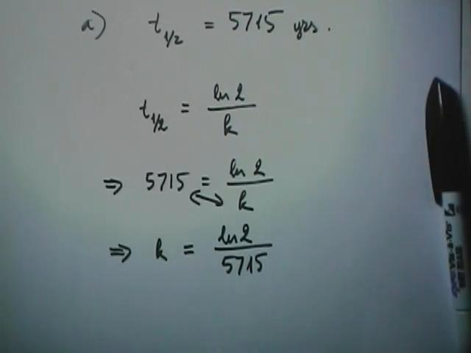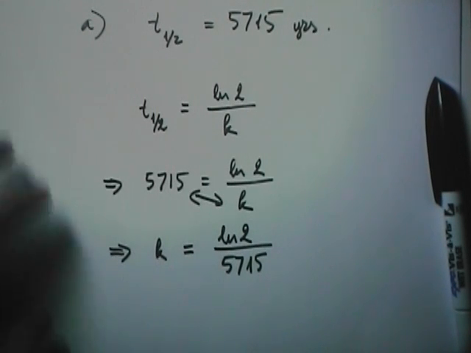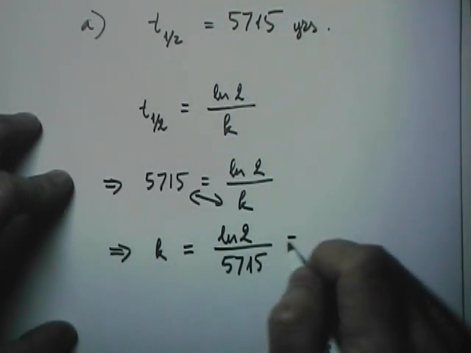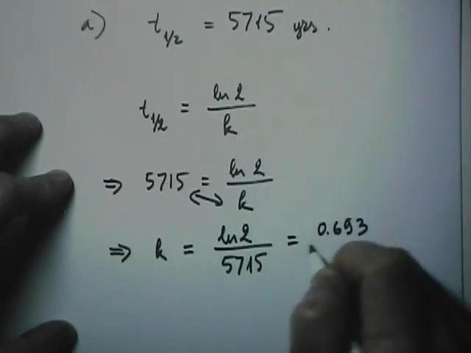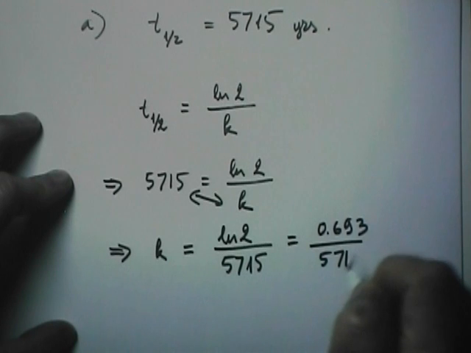So now in my calculations, let's say ln of 2 is 0.693. We can always use an approximate 0.693 for ln of 2, divided by 5,715.